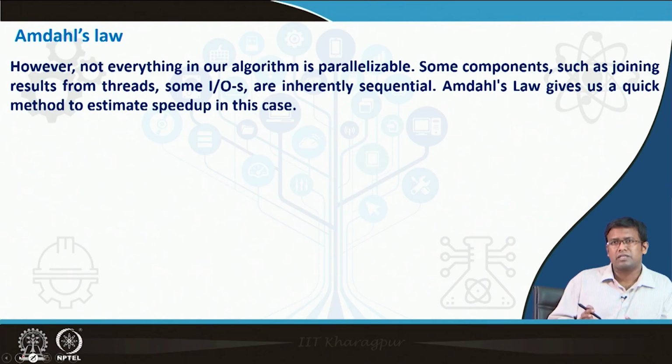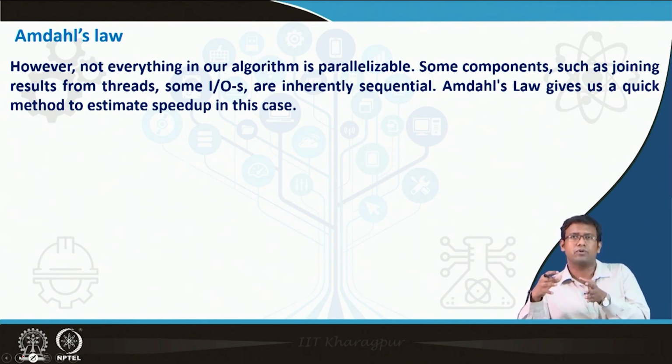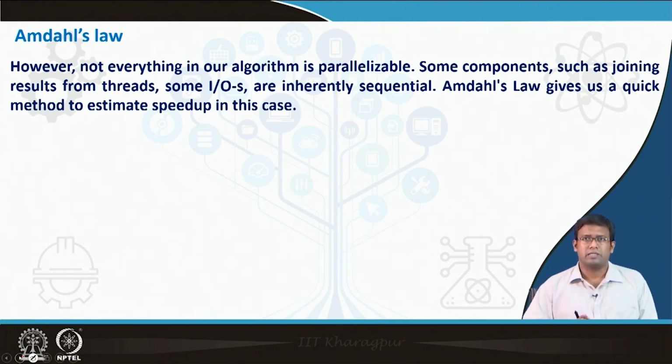There are certain components, like load balancing, deciding how many data points will go to which processors. All these things are inherently sequential; they cannot be done in parallel. Either one computer will do it and let others know, or all the computers have to repeat the same step. So there is always some sequential part in an algorithm which we cannot parallelize. So Amdahl's law gives us a quick method to estimate the speed up in that case.